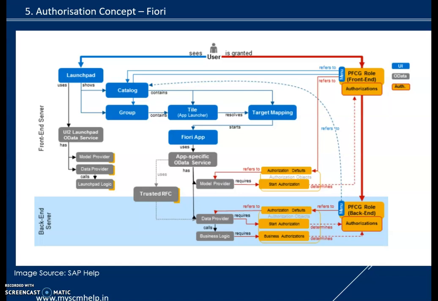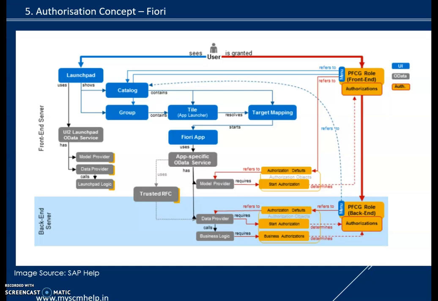The other color we are seeing is the magenta color, where we can see the authorization roles related things. It is related to the front end role. In the back end, our regular SAP authorization objects only get triggered, but to trigger that from the front end in the Fiori app, this catalog, group, tiles are all important. That is the representation here.